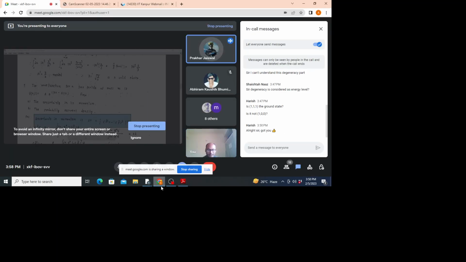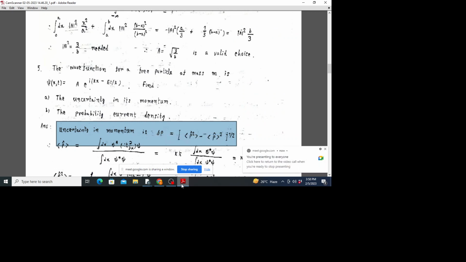Sir, can we not use Fourier transformation for the free particle? Yes, we can. Sir, why are you using a different notation? For example, you have taken the expectation value of the momentum operator, right? Yes, sir.